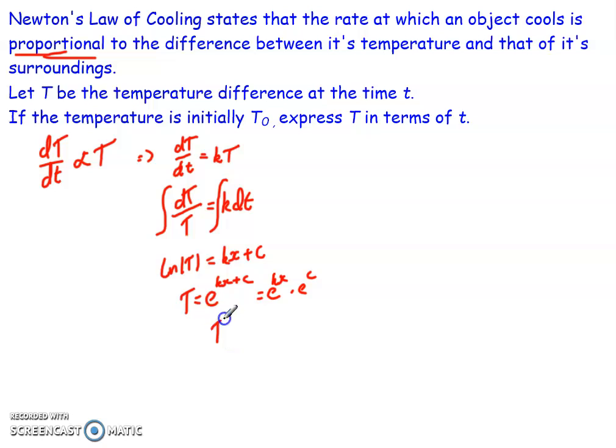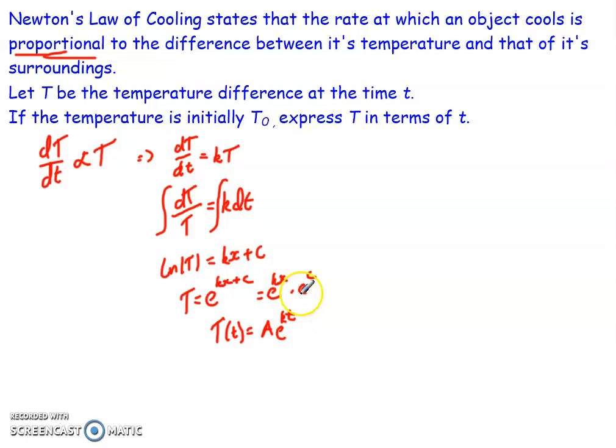So I can take that and rewrite it as T of little t equals A e to the kt. So what that now means is I've got my general solution to this differential equation.